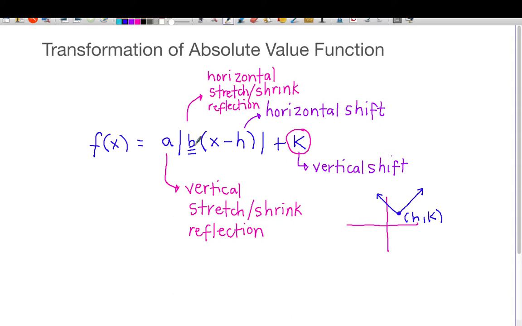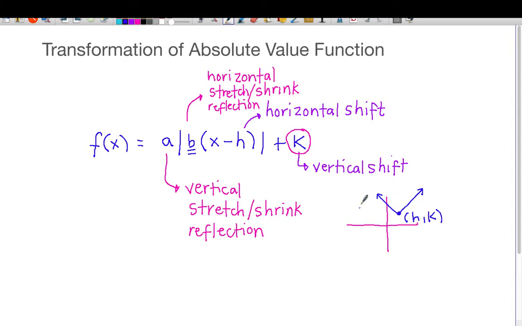Now, this factor b here represents the horizontal stretch or shrink. If the sign of b is negative, this will reflect the absolute value function across the y-axis.